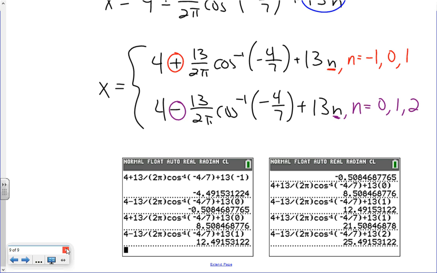Again, it is not a game of just guessing and checking with values of n and pluses or minuses to figure out what our solutions are. If you need to go back through that example and look at it to make sure you understand that process, then do so. But you should understand how to find all of these solutions and write it algebraically like we have on this last line.